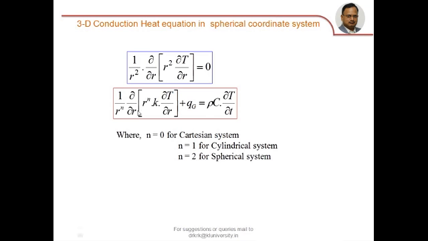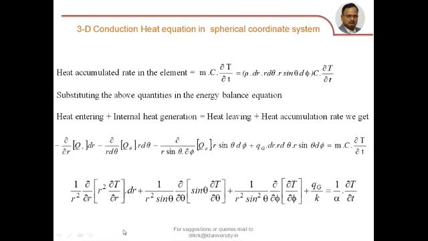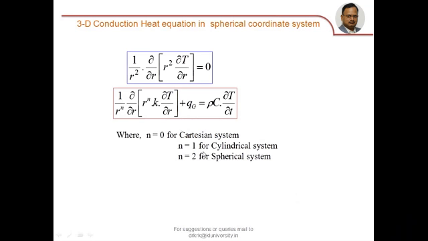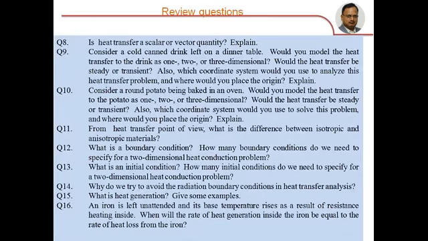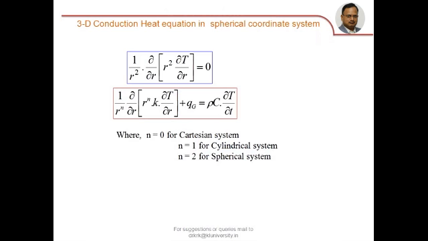Similarly, if you substitute n equal to 2, you will get the first term 1 by r² ∂/∂r of r² ∂T/∂r, and then q_g by k equal to 1 by alpha ∂T/∂t. That's all about the three-dimensional conduction heat equation in cylindrical and spherical coordinate system.